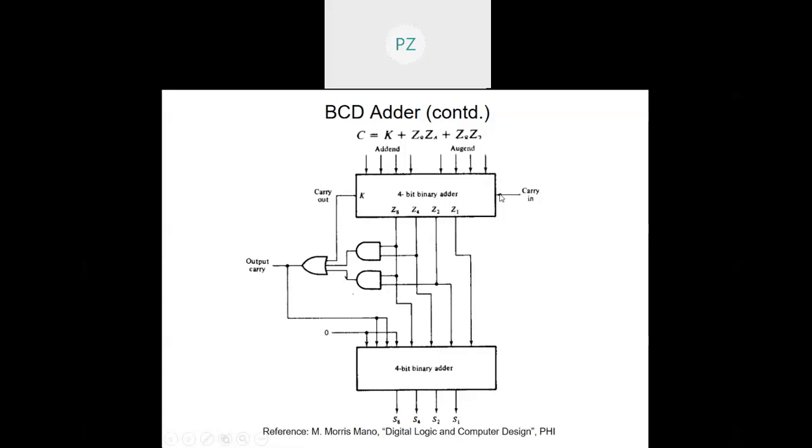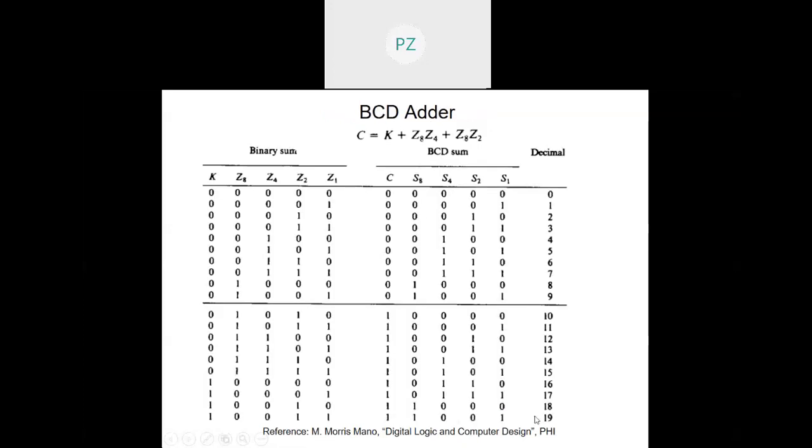This is what I mentioned when I said that this can be maximally 9, this can be maximally 9, and this can be 1. So 1 plus 9 plus 9, the maximum sum would be 19, as I showed you.